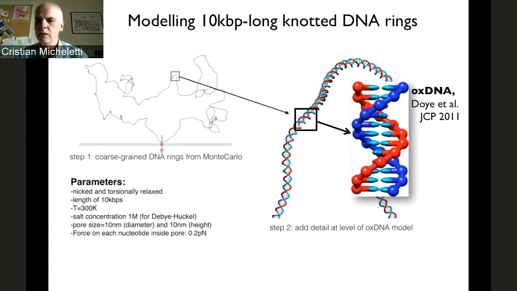For those of you that are interested, it uses a 3 interaction center representation for each nucleotide. So there is a center for the phosphate, the base, and sugar groups, essentially. And it is a rather detailed coarse-grained model because it allows the DNA strands to open if they want to, to denature, to distort.